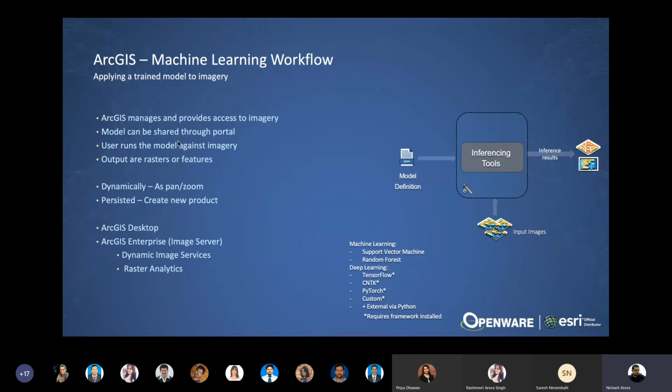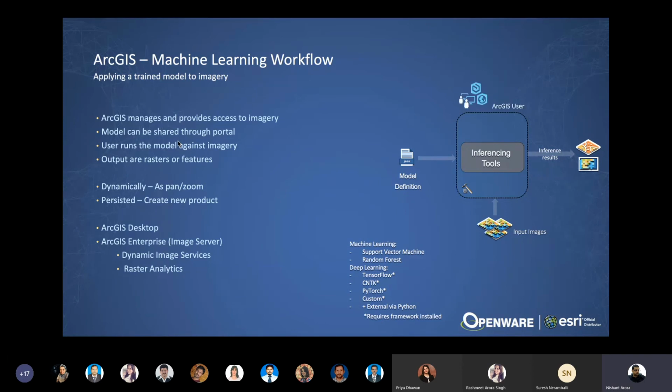We run the model against the imagery and we get the output, which could be a raster or a feature. It also gives us the capability to render this output dynamically over the screen, navigate through it, and save it as a new product. The Esri software that you need for this is ArcGIS Desktop, ArcGIS Enterprise, and probably an imagery server.